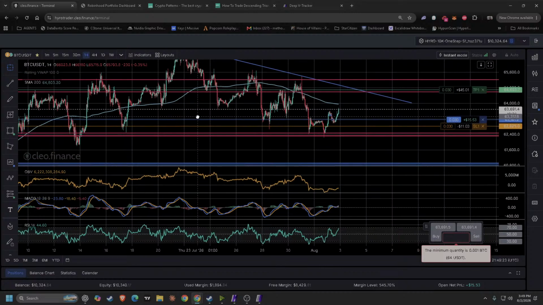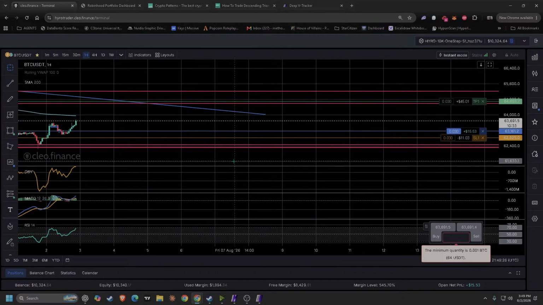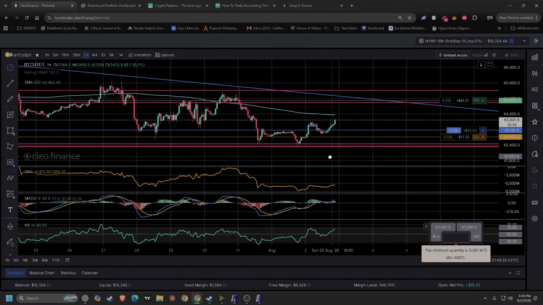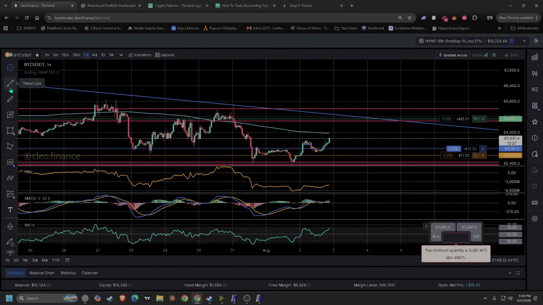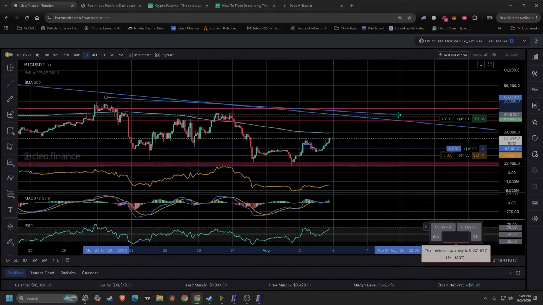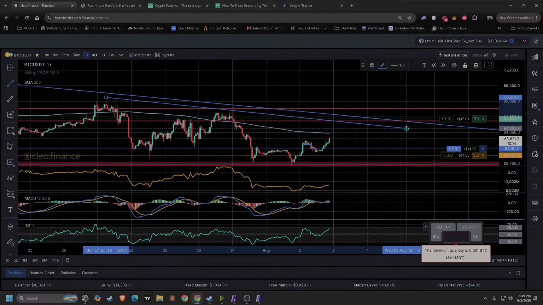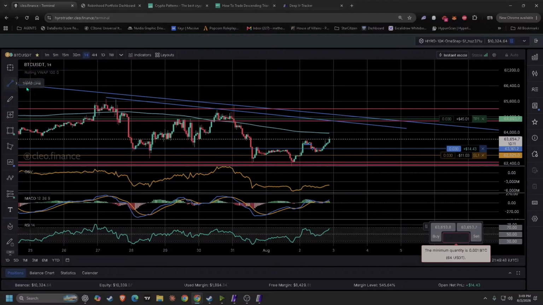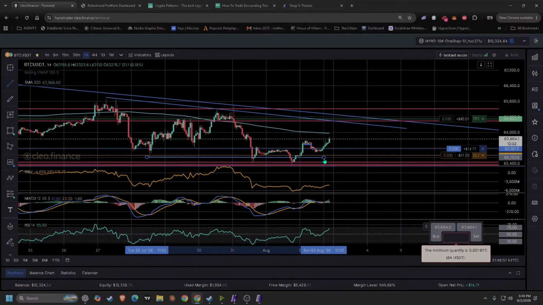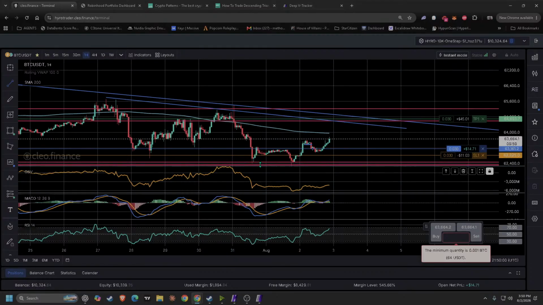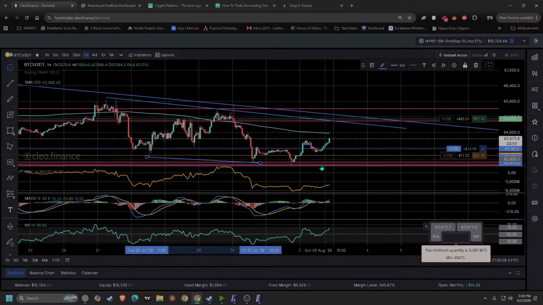All right, but the one we were in was big, was this high, this high, and this low to this low right here. So that's the one we were in, and that's also a descending triangle.